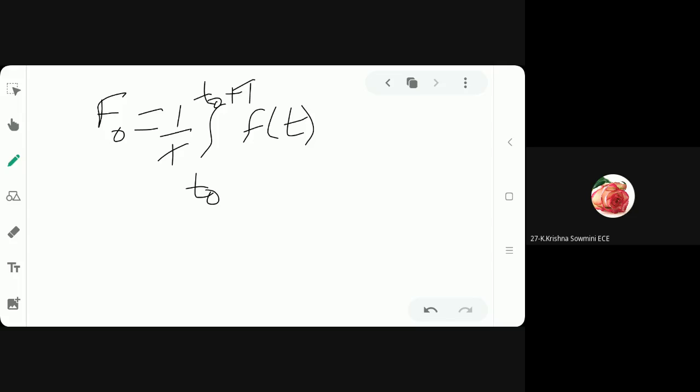So this is another formula which you have to memorize.